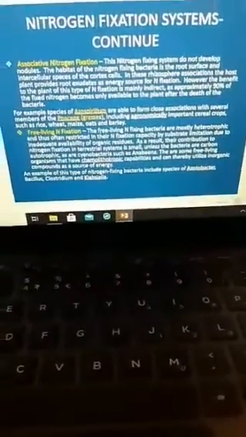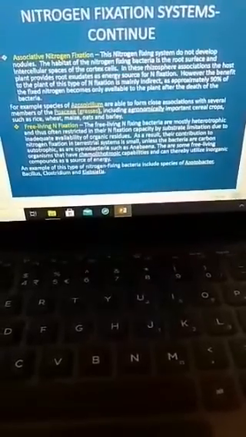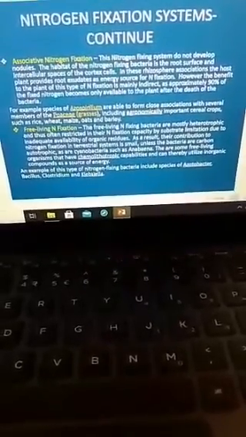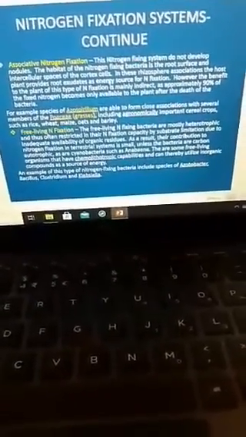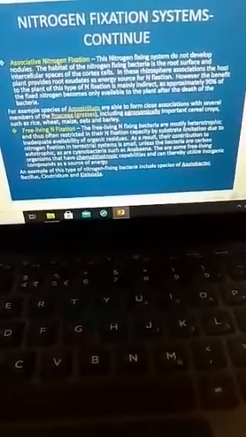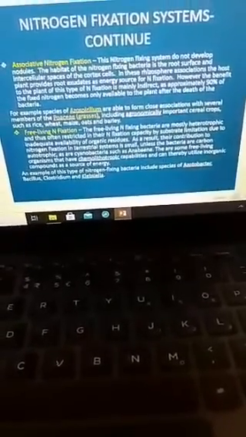And lastly you have got free living nitrogen fixation, where the microorganisms are living freely in the soil, not dependent on plants. They find ways of getting their own energy for fixing nitrogen, and so on and so on.